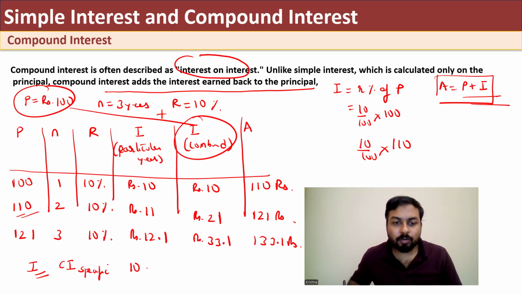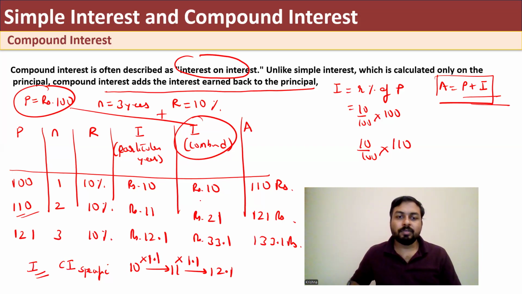You see, it was 10 rupees, then it became 11, it became 12.1. So if you divide 11 by 10 or you divide 12.1 by 11, you'll get a common ratio of 1.1. So the specific year or the particular year interest is in GP.